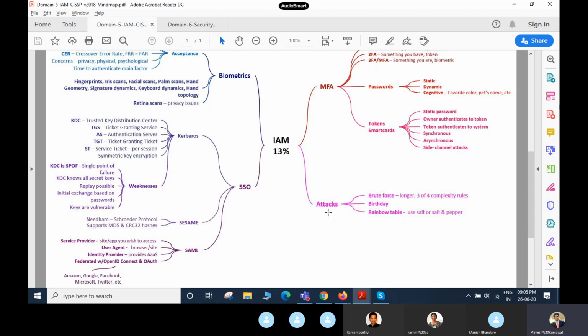The technologies remain the same. Try to understand my point of view. Technology remains the same. The policies may be different. What do I mean by policies? The policies, standards, guidelines, procedures are going to change, but the technology remains the same. Saptarishi is going to use Kerberos in the company. Manish is also going to be using Kerberos in the company.